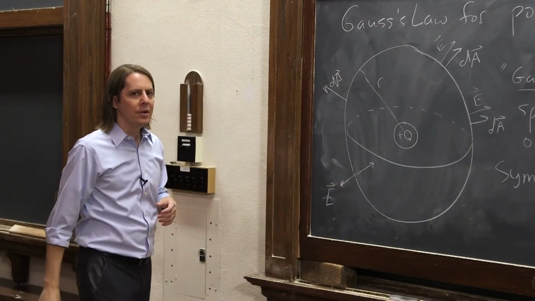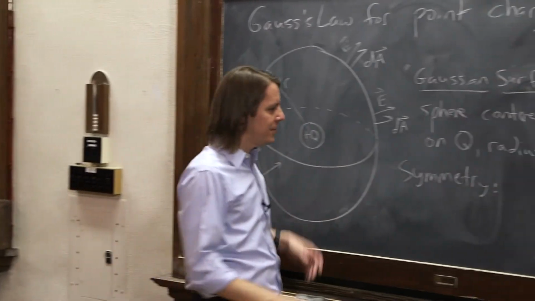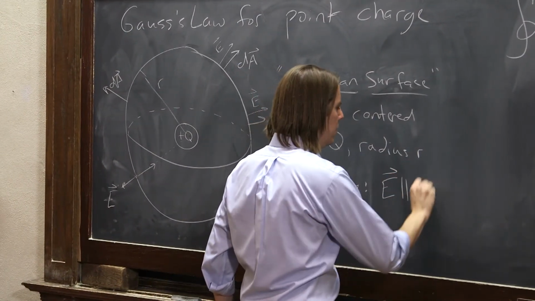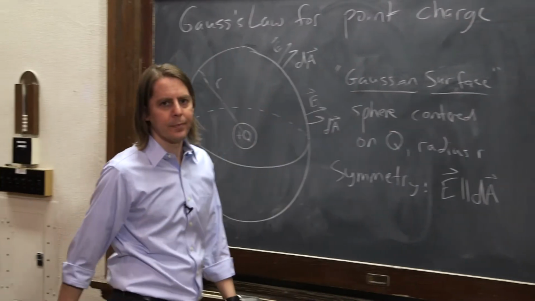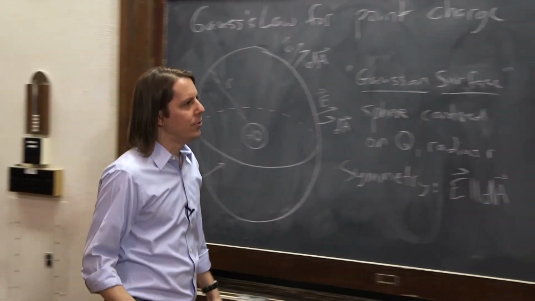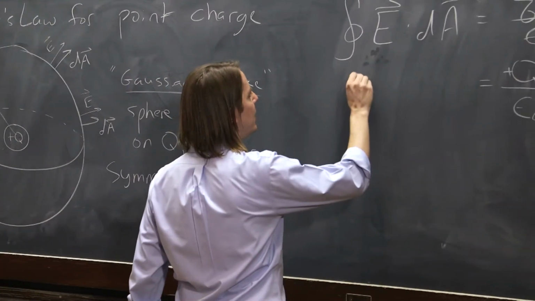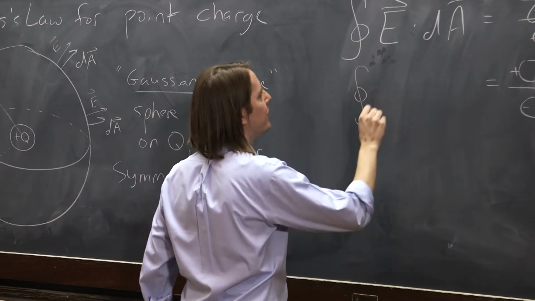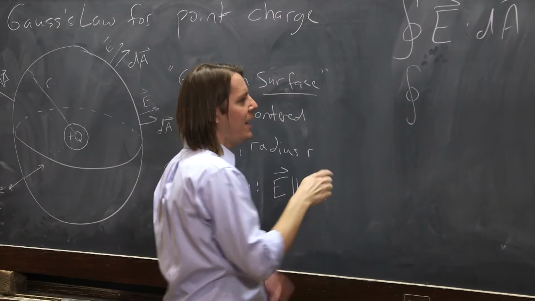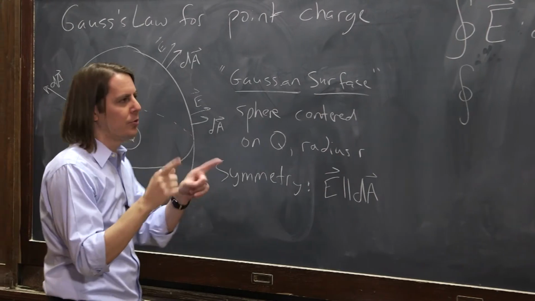So due to symmetry of a sphere and the charge being at the center, E is always parallel to dA. Okay? And that rule lets us simplify the integral a little bit. It lets us say it's the integral around a closed surface, and now that we know that E is parallel to dA, that means the angle between them is 0 and the cosine of 0 is 1.